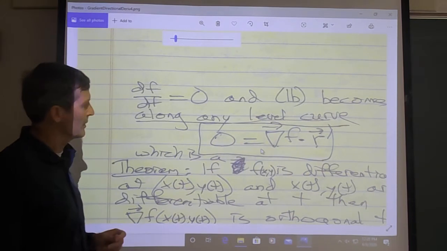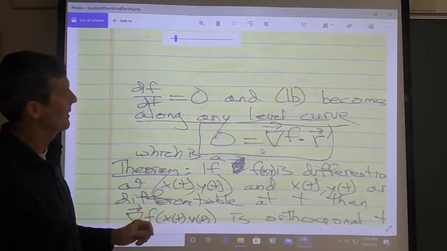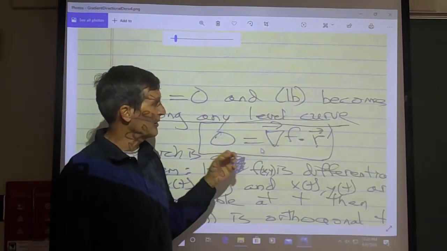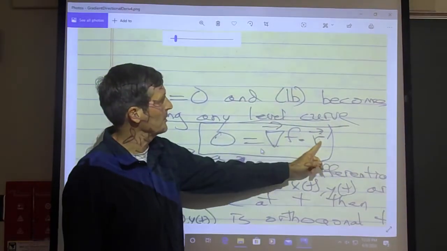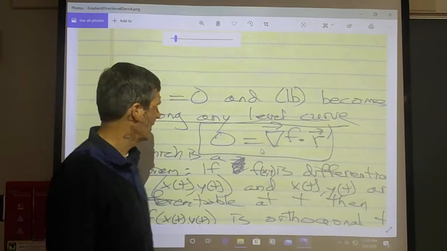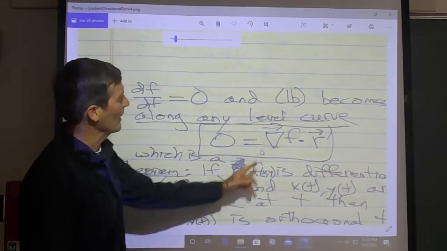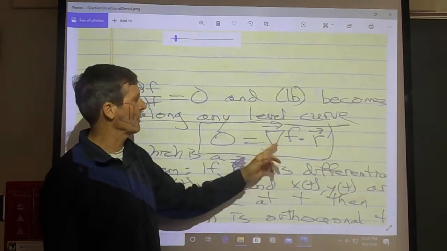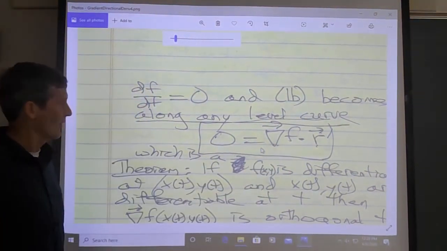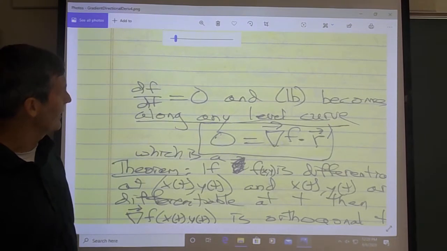What does that show you? It shows you that along a level curve, because df dt equals 0, gradient of f dot r prime is 0, the gradient is perpendicular to the tangent vector. That means that the gradient is perpendicular to the level curve itself, right? The tangent vector is tangent to the curve, and this is perpendicular to that. So this is a very important property of the gradient, a geometric property.